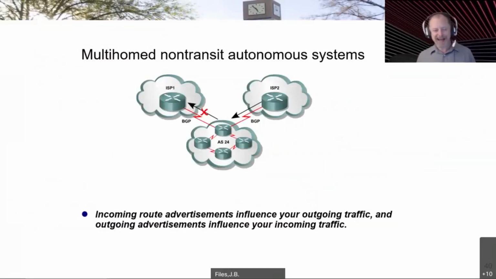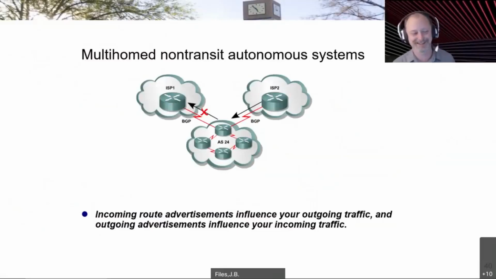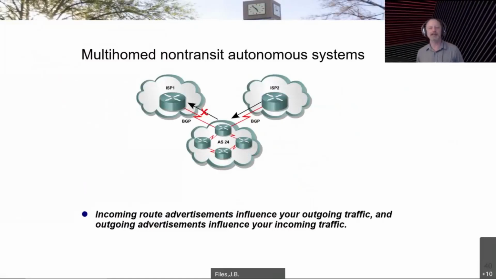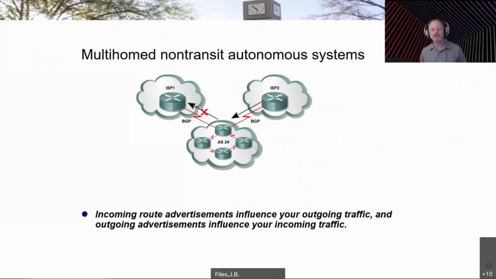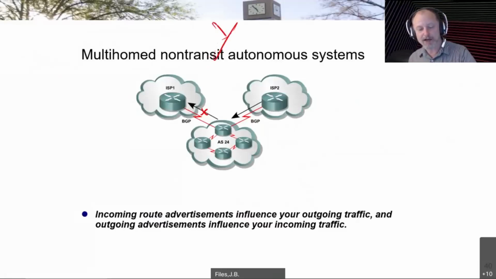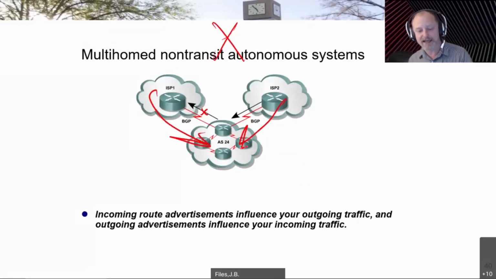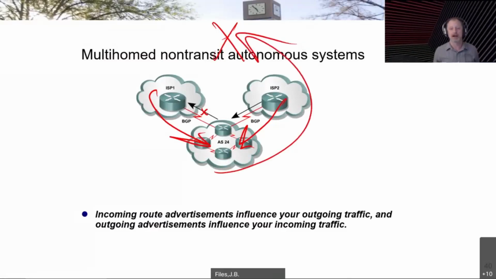So again, I'm harping on the transit autonomous system issue a little bit, but it's a major issue. Your incoming route advertisements are going to influence your outgoing traffic. Does that make sense? If there's a network out here that is going to get advertised incoming, that is going to affect my outgoing traffic. How do I get there?